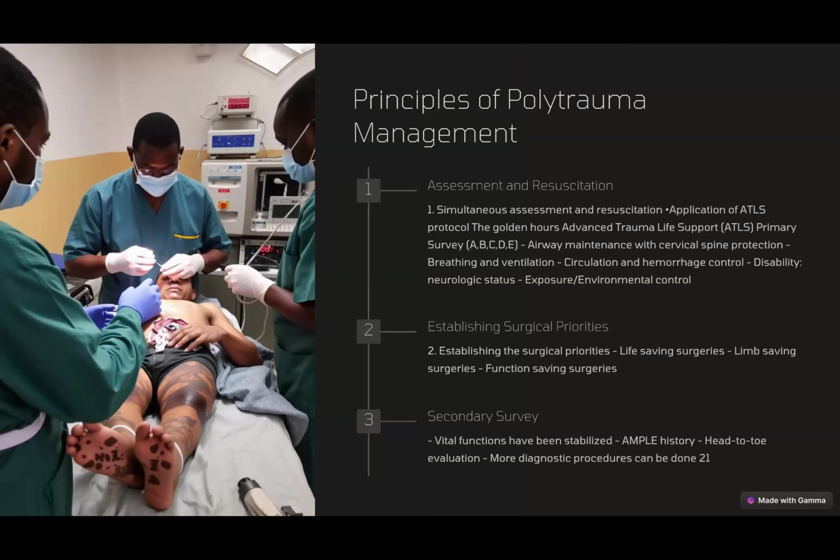So for the primary survey, it uses the ABCDE algorithm, which helps prioritize treating the most rapidly life-threatening injuries first. So A stands for airway, which goes along with the C-spine stabilization.